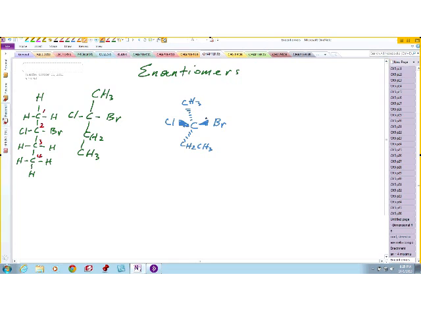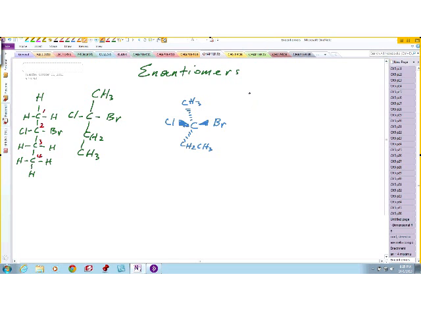And of course, because this is a tetrahedral sp3 carbon, if you have 2 groups horizontally coming at you, the other 2 groups will be in the vertical position going away from you. You see that? That is the nature of a tetrahedron. So now we have this molecule here in a 3-dimensional structure.